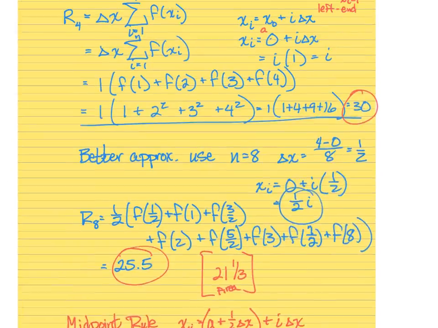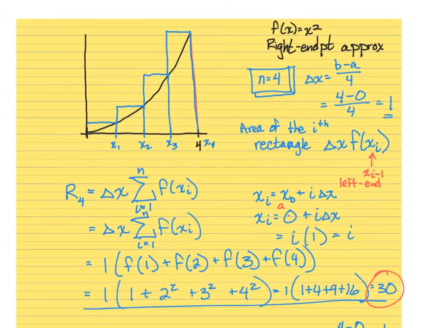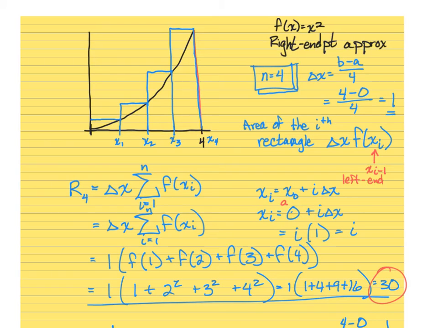You'll notice this. Let's go back to this one. For this particular example, if we use the right end rule, we actually get rectangles that are above, outside, or overlap the actual area that we want. So sometimes we call this an upper sum because it's bigger.